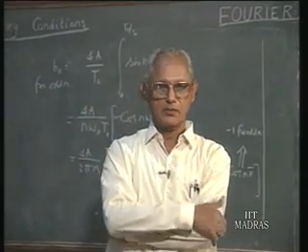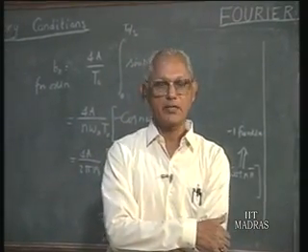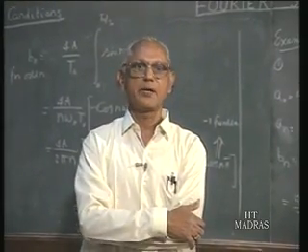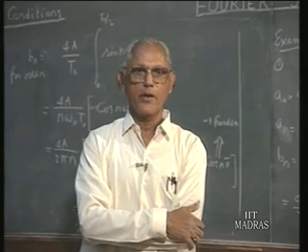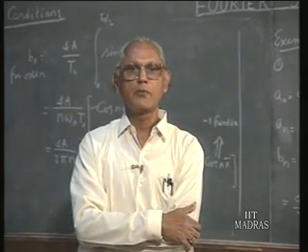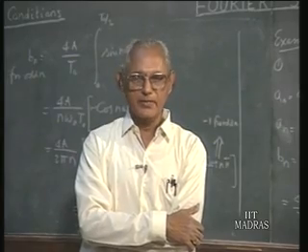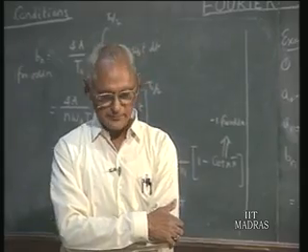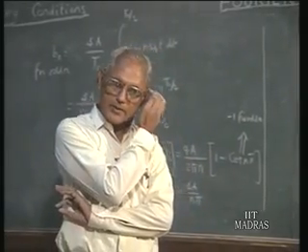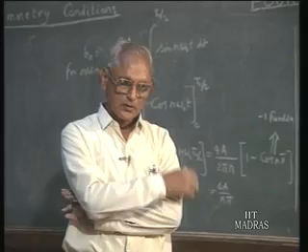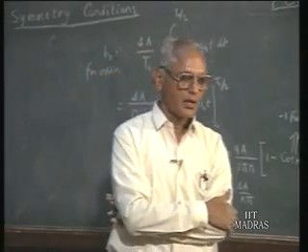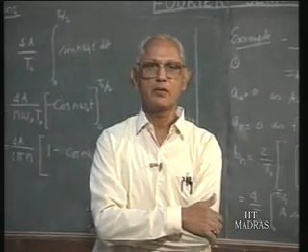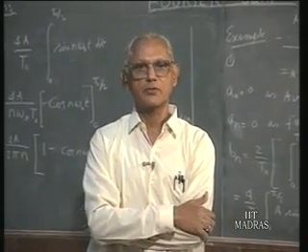If the function is odd, that is, if f of t is minus f of minus t, only sine terms can be present. And the third type of symmetry is when whatever waveform you have for one half cycle is repeated for the subsequent half cycle with its negative sign; then we call that half wave symmetry. It is quite common in electrical machines, for example, and in that situation we have only the odd ordered harmonics: the fundamental, the third harmonic, fifth harmonic, and so on.